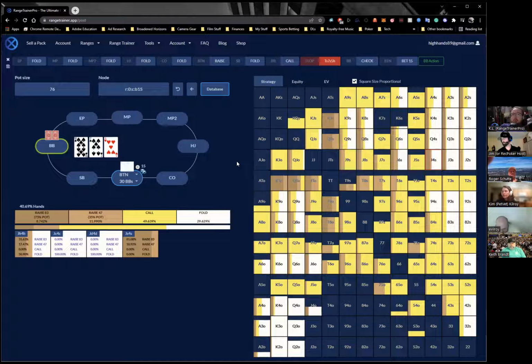I can't tell you how many times Ryan has looked up a spot live in a group session and said, well, I think GTO is going to do this, and it does almost the exact opposite. And then he's like, oh, okay. Now I get it. It's doing this because of A, B, or C. We get to challenge our assumptions, and that's why this tool is valuable.